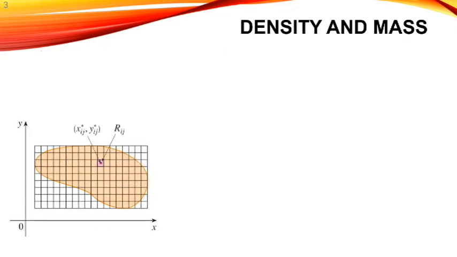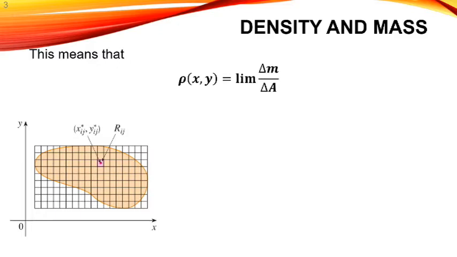Kung i-subdivide natin into rectangular regions, yung thin plate or lamina, so every unit area is the subrectangular region R sub ij. That means yung density function natin is the limit of the increment of mass over the increment of the area.